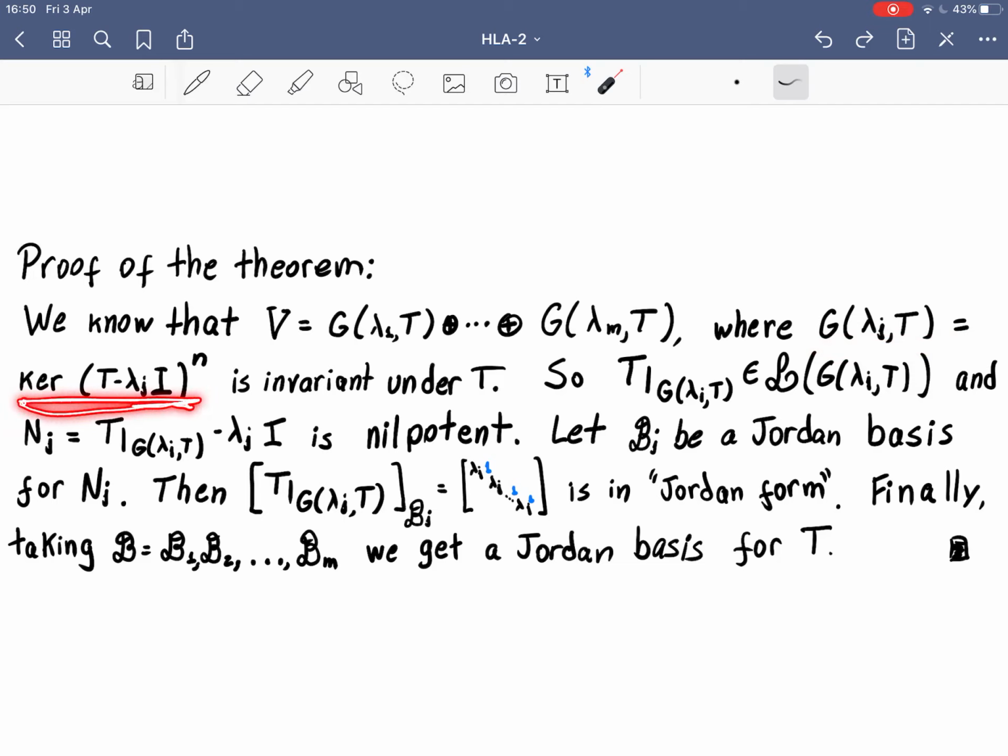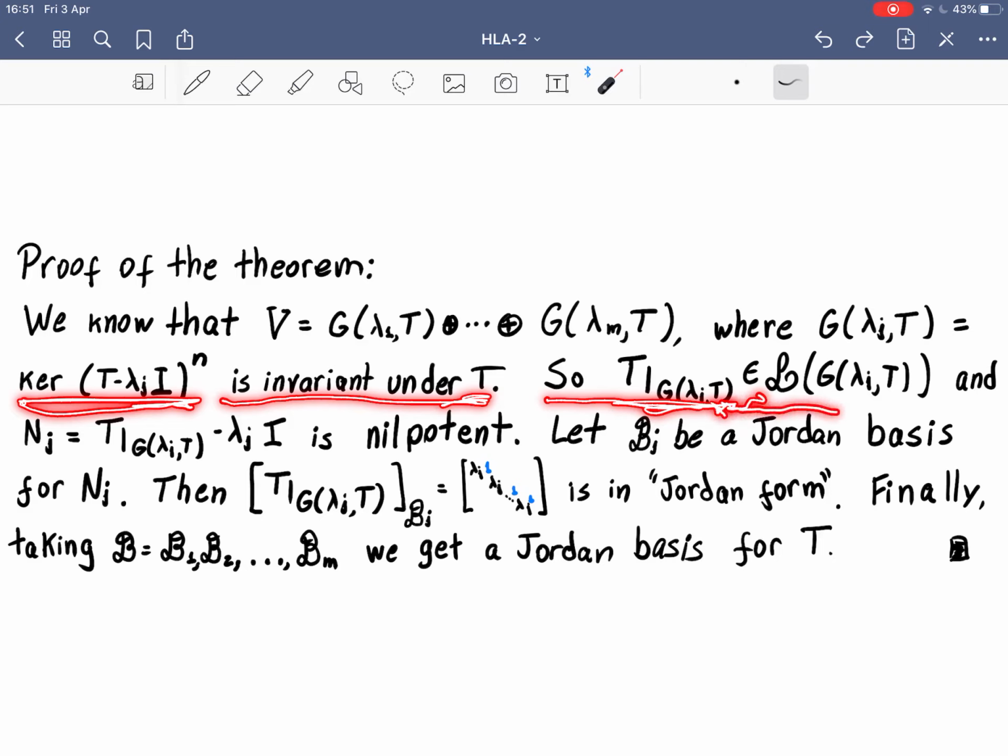And we know that it's invariant under T. So we can restrict T to this generalized eigenspace. And when you restrict it to G, then we can think of this restriction as an operator going from G to G. So it's an operator on a finite dimensional vector space.